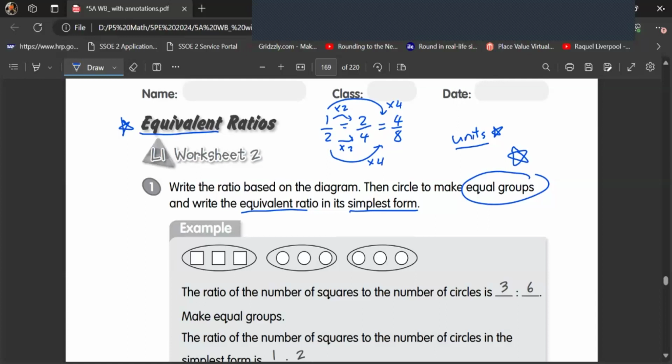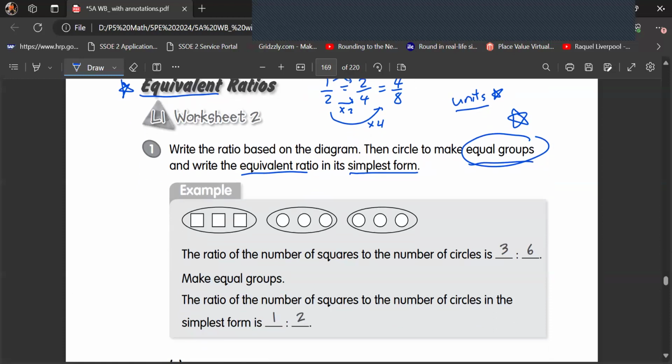Now, the most important thing I'm trying to tell you is that no matter how I look at these ratios, they all go back to equal grouping. So in this case, for the example here, by right, there are 3 squares, 3 squares, and 6 circles.